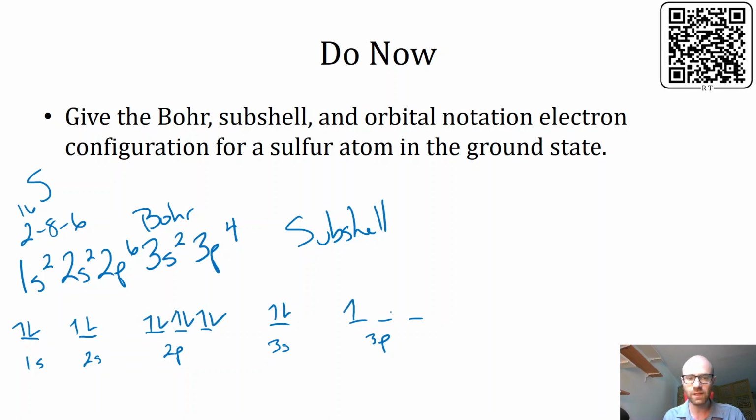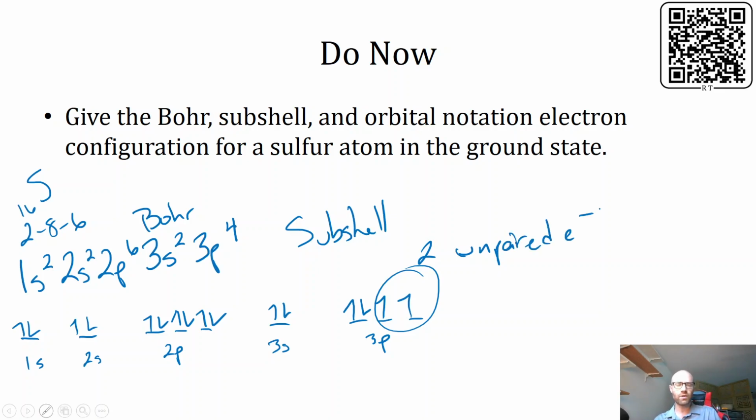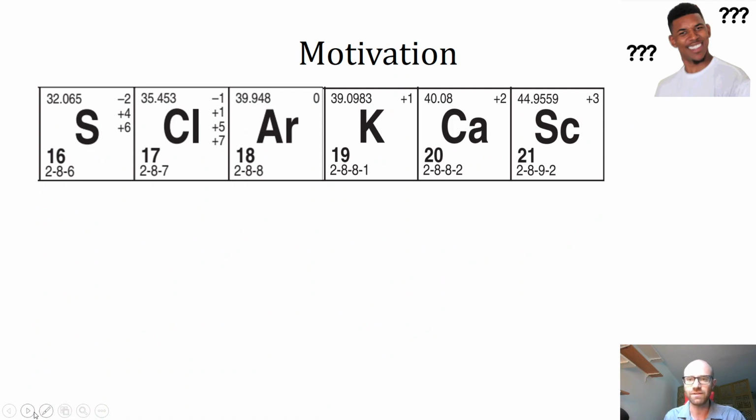And then for 3p4, we've got 1, 2, 3, 4, so that we end up with 2 unpaired electrons. And this is where the orbital notation really has its power. I didn't mention this before. You can see whether or not there are unpaired electrons in your atom, and that's more useful than things you'd see elsewhere with the other configurations.